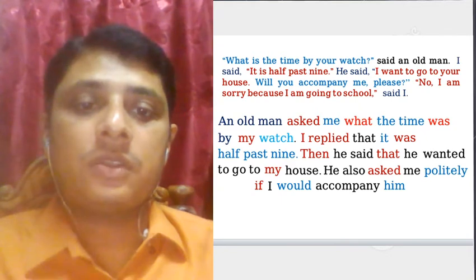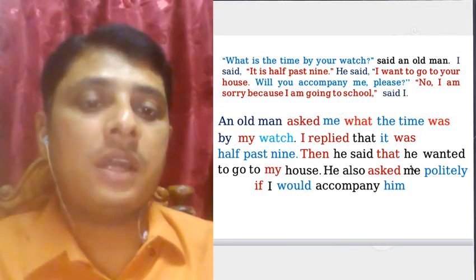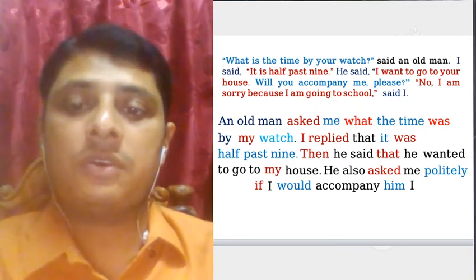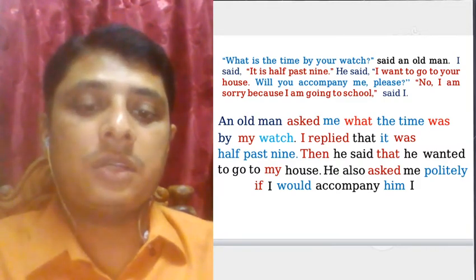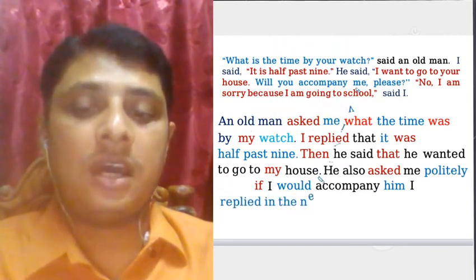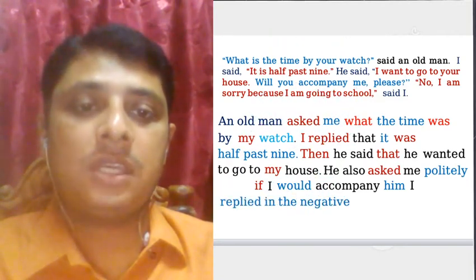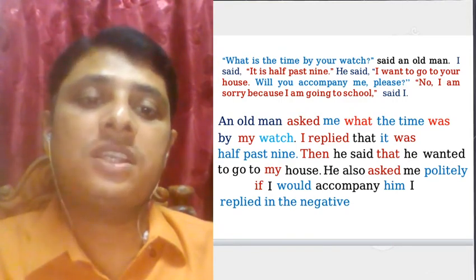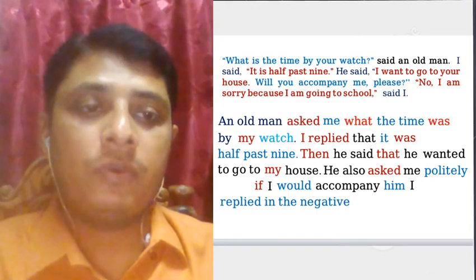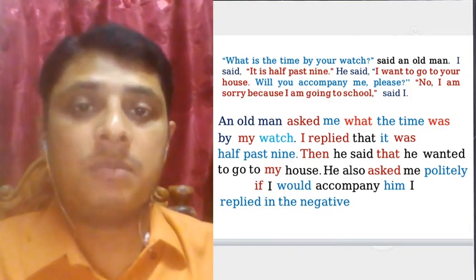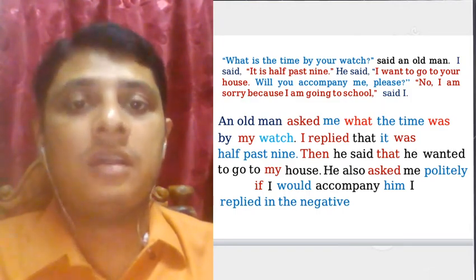Then accompany, then me, first person, subject is he, so that would be him. Then, "No, I am sorry because I am going to school," said I. Then you write here I replied in the negative, because here you can see no. When you find no, you can write replied in the negative. When you find yes, you should write replied in the affirmative.